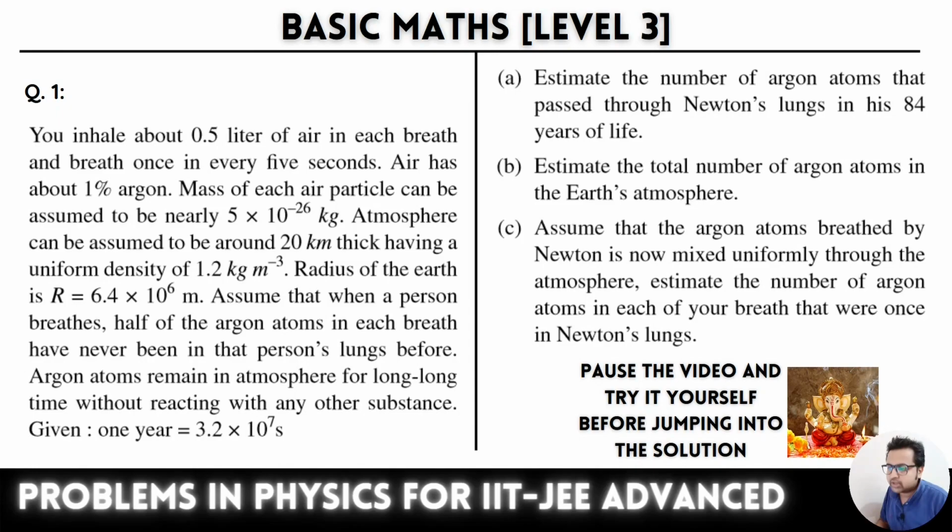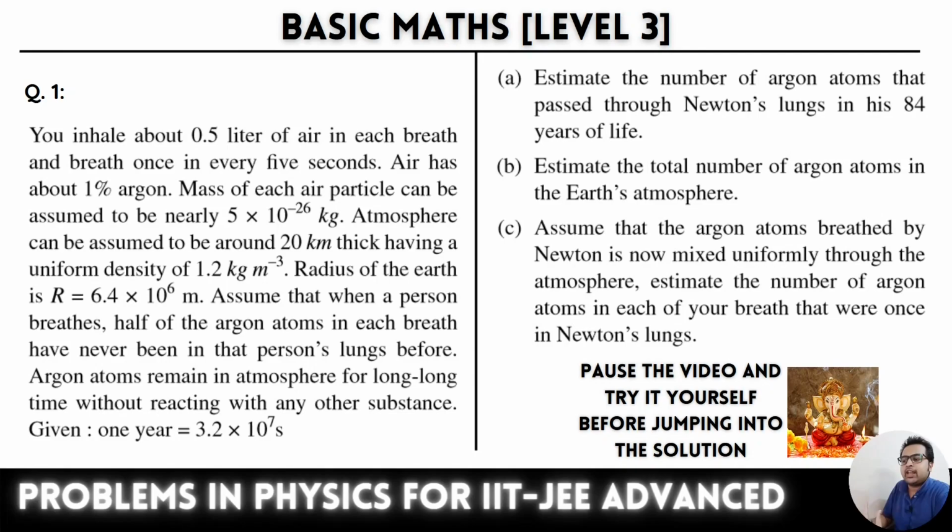The idea is that Newton lived for 84 years, and we have to calculate how many argon atoms he inhaled. Estimate the total number of argon atoms inhaled by Newton in his 84 years of lifetime. So now from the scenarios, I think you can relate to the problem.